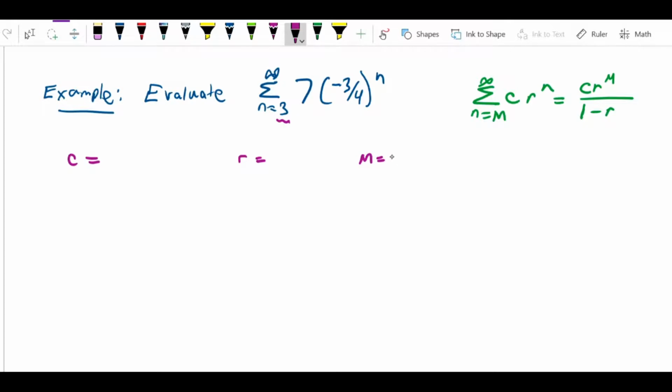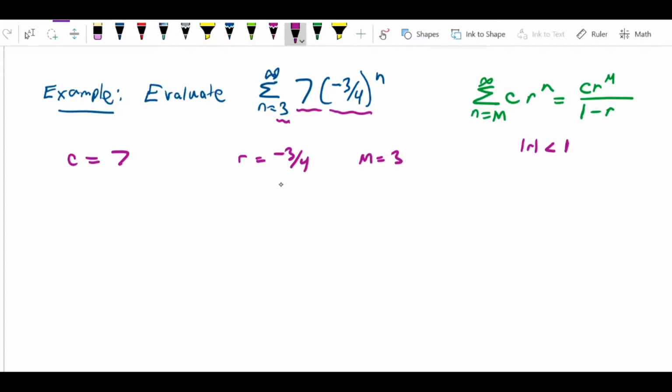We can easily see that m is equal to 3. That's the starting point. We can see that c is equal to 7, and r is equal to -3/4. Since the absolute value of r has to be less than 1, it's certainly the case that the absolute value of -3/4 is in fact less than 1. It's between -1 and 1.